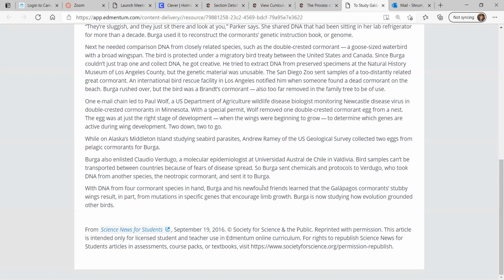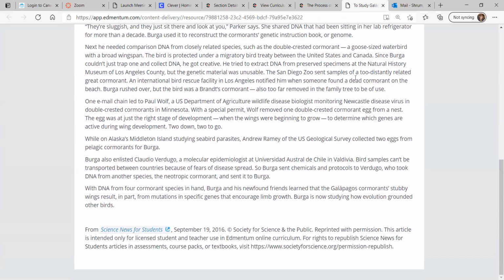So Berga sent chemicals and protocols to Verdugo, who took DNA from another species, the neotropic cormorant, and then sent it to Berga. With DNA from four cormorant species in hand, Berga and his newfound friends learned that the Galapagos cormorant's stubby wings result in part from mutations in specific genes that encourage limb growth. Berga is now studying how evolution grounded other birds as well.